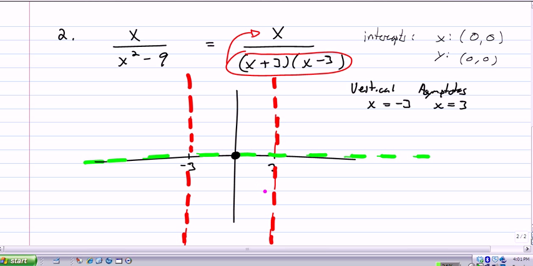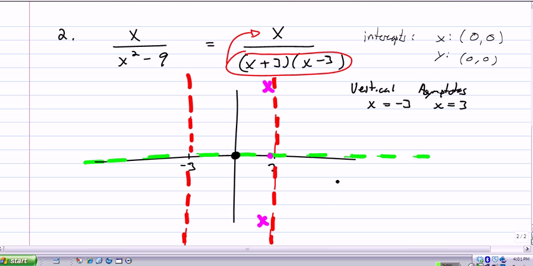Now, I'm trying to decide, does the graph go up here or down here? Well, if I plug a number close to 3 in, let's say 2.9, do I get a point up here or do I get a point down here? That's going to help me. So let's plug 2.9 into our function.